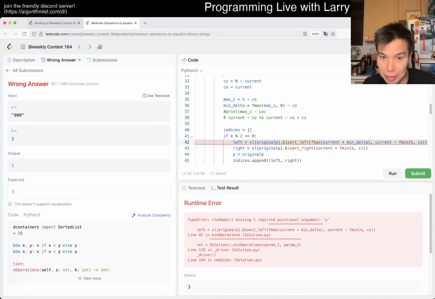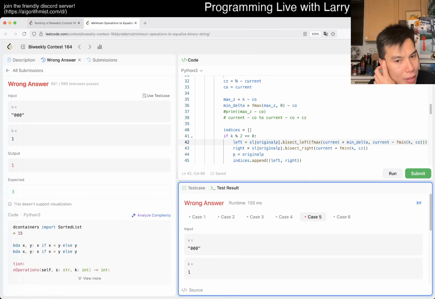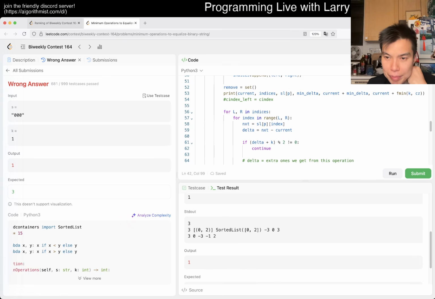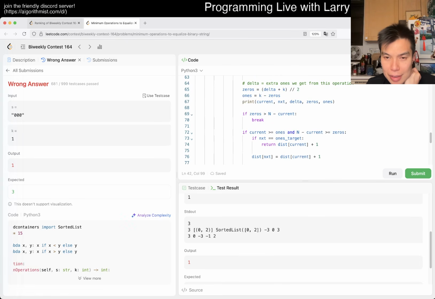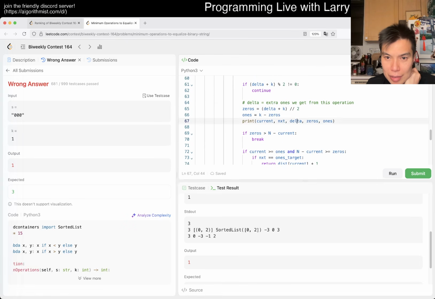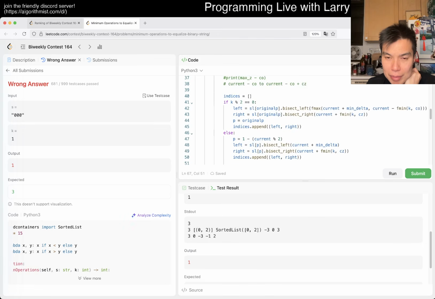Oops, where did the Y come from? Oh, this is F max. That's not right. Why is the map such that I am dumb?